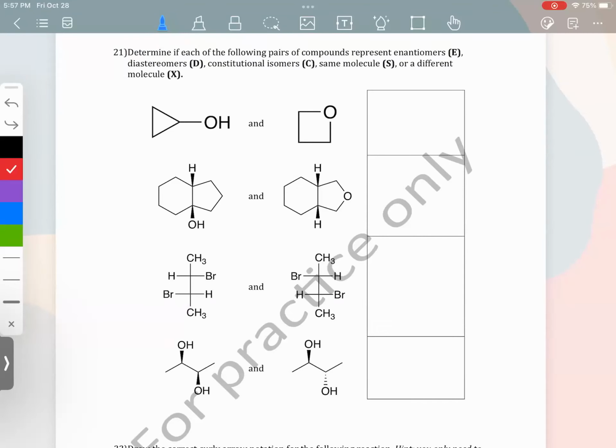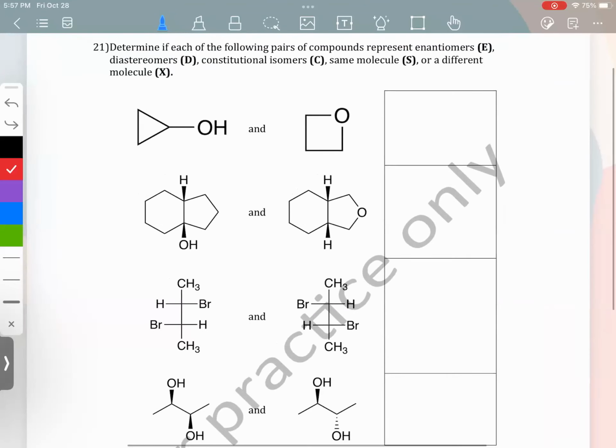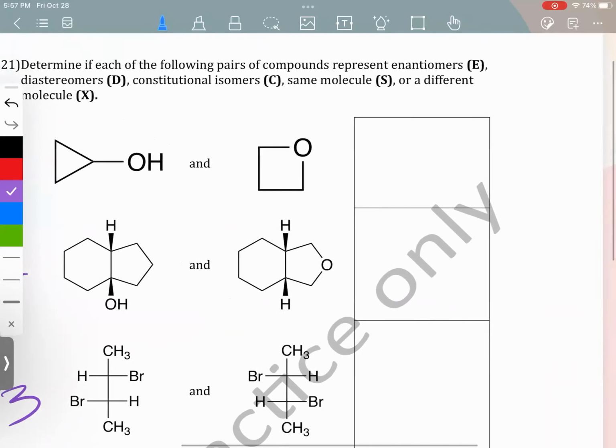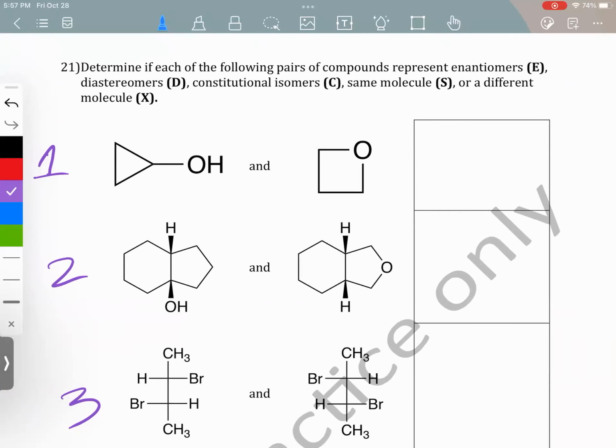Let's look at the first one first. Let me just number it: 1, 2, 3, 4. Let's look at the first pair. The best thing to do is to figure out if the molecules are constitutional isomers. That's the easiest thing to point out.